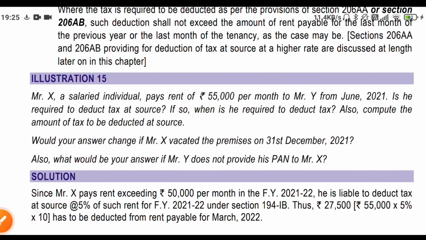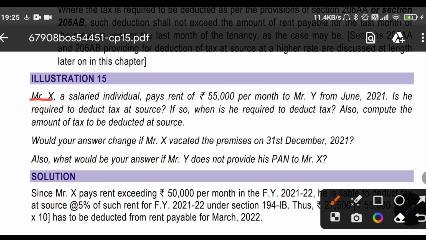Next is illustration 15. So Mr. X, a salaried individual, it means he is not covered under section 194I, because in 194I, which individuals and HUF are covered? Those whose turnover or gross receipt in the previous year exceeds 1 crore or 50 lakhs respectively, right?